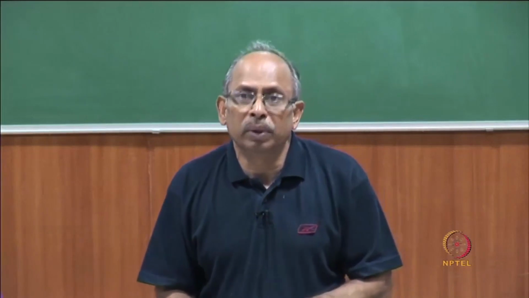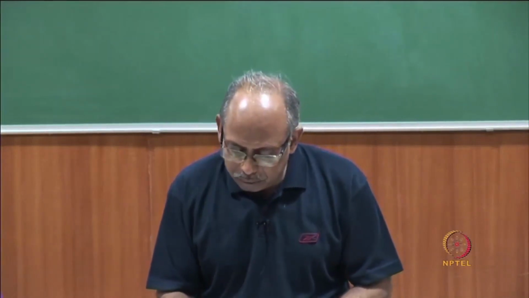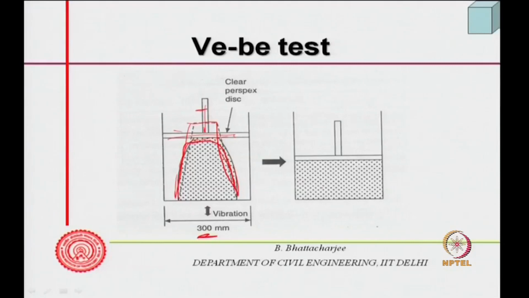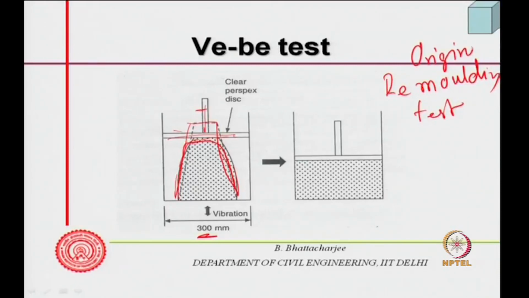Originally, the remolding test was done to find out the effort required to change from this shape to this shape, from the truncated cone shape to a cylindrical shape. That is called the remolding test, but now of course, it is measured in terms of time, and we call it VB time.